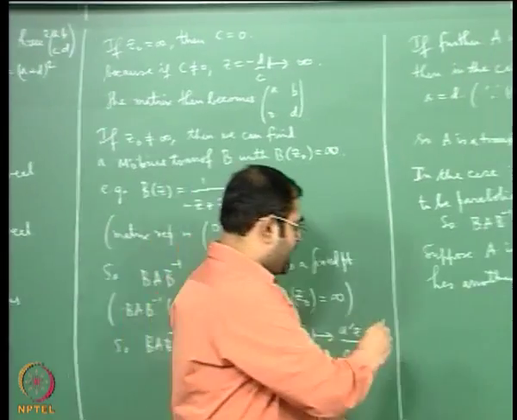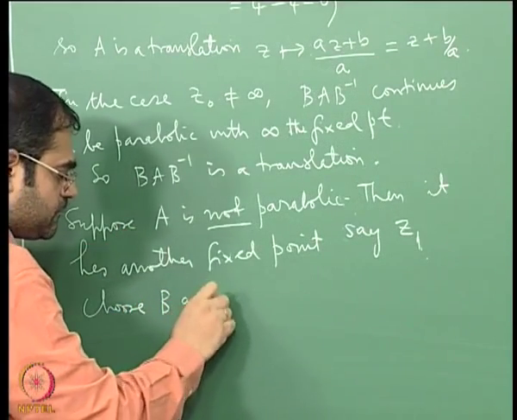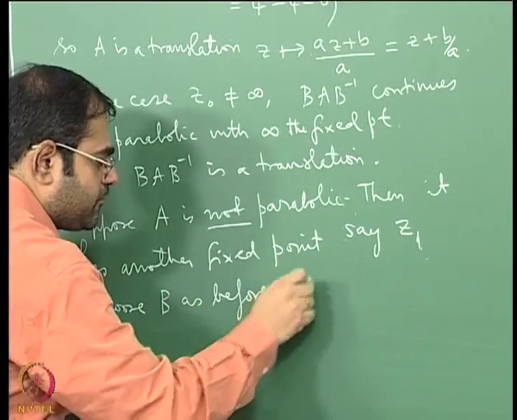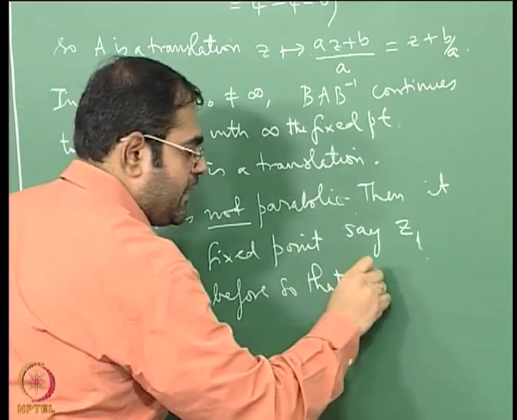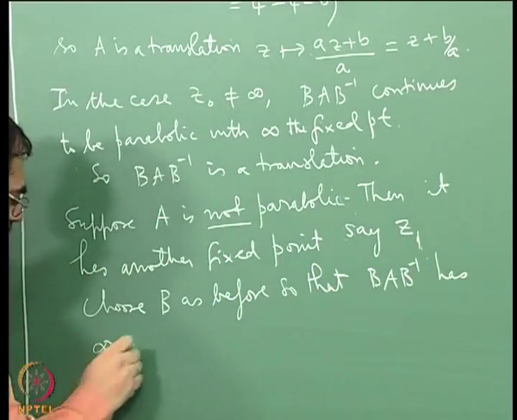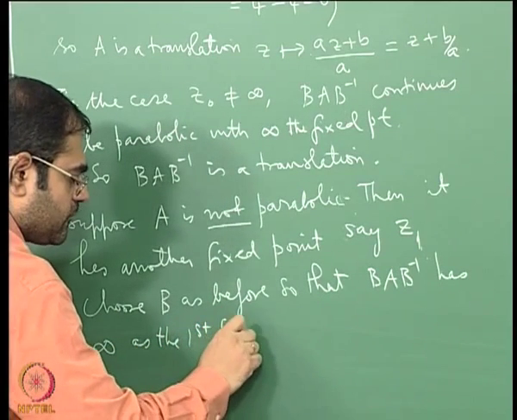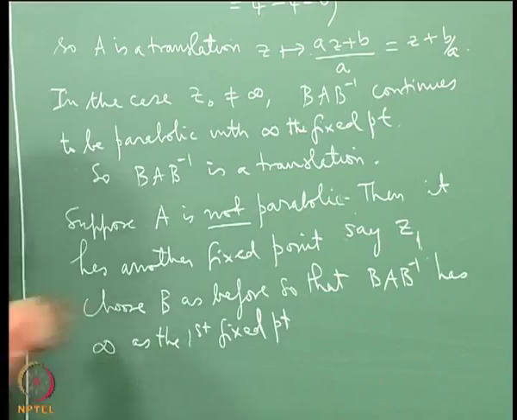So again choose B as before, so that B A B inverse has infinity as the first fixed point. That I can do.